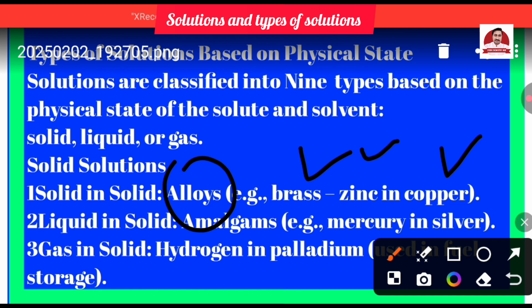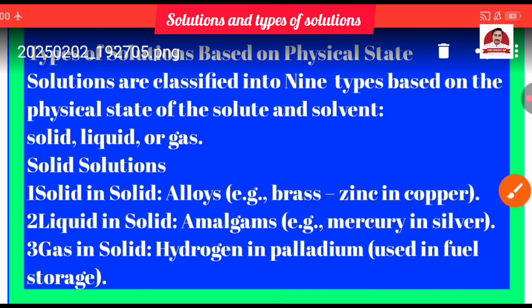Here copper is the solvent and zinc is the solute. Liquid in solid, that is mercury in silver. Mercury is the solute and silver is the solvent. Gas in solid, that is hydrogen gas in palladium, which is used in fuel storage.